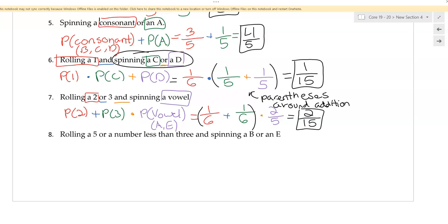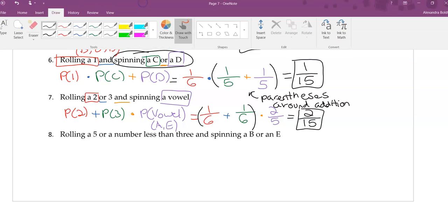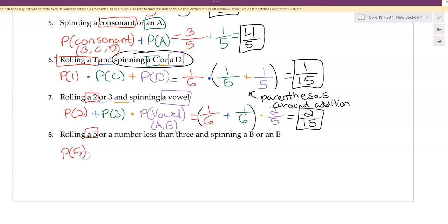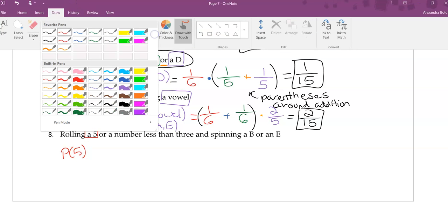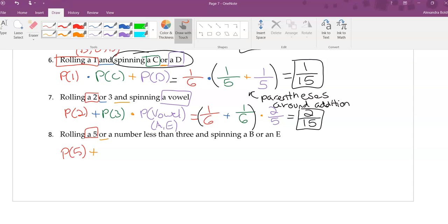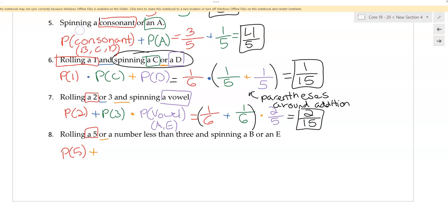All right, last problem. Rolling a 5. Probability of 5. Or means to add. I don't know why I switched to orange. That's okay. Number less than 3.